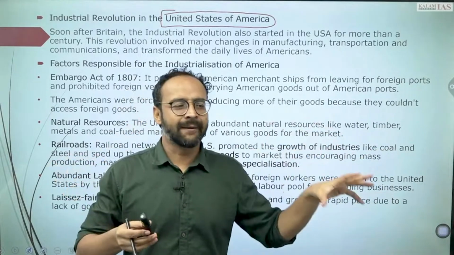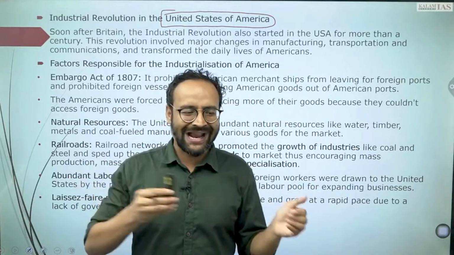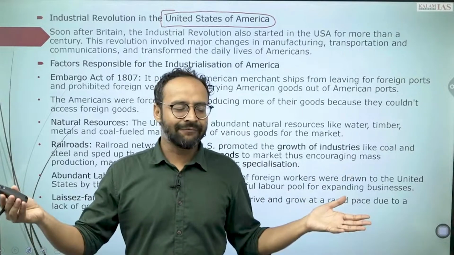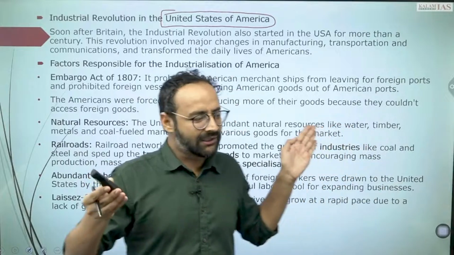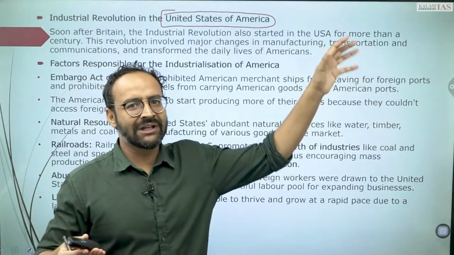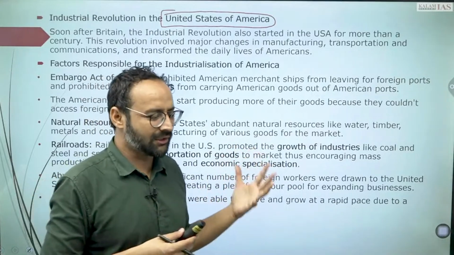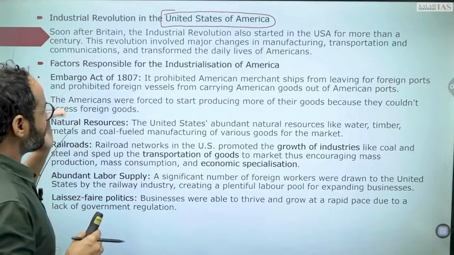A lot of businessmen used to go to Britain. A lot of poets used to go to Britain. So there was a communication channel being opened between Britain and the USA. The impact of the industrial revolution in Britain also impacted the American masses. So it started soon after Britain.